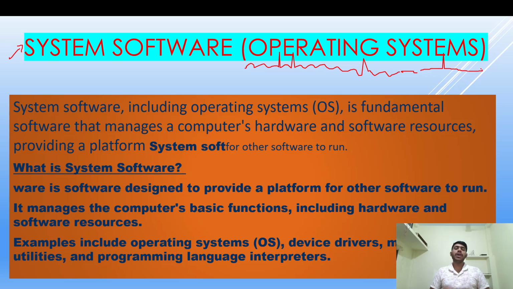System software, including the operating system, is fundamental software that manages a computer's hardware and software resources, providing a platform for other software to run.